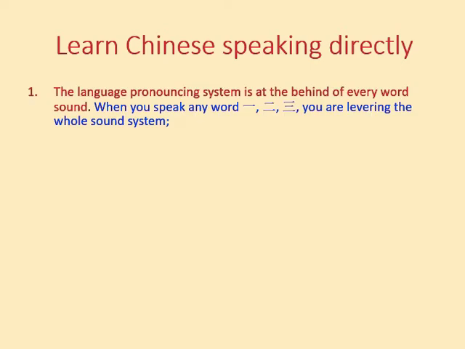The language sound system is behind every word's pronunciation. When you speak 一、二、三, you are leveraging the whole pronunciation system.